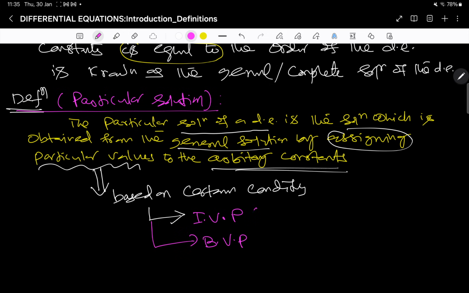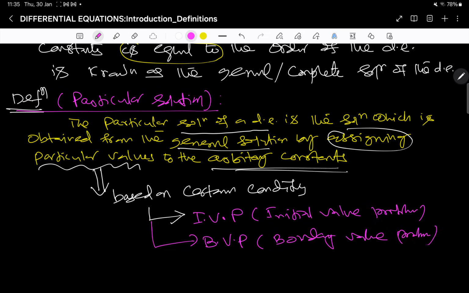IVP means initial value problem, and BVP means boundary value problem. In an initial value problem, initial conditions are given, and in a boundary value problem, boundary conditions are given. These conditions are substituted into the general solution, and this will yield the arbitrary constants.